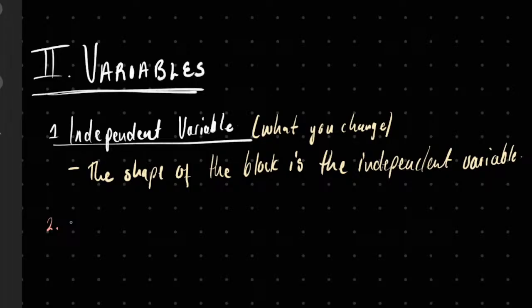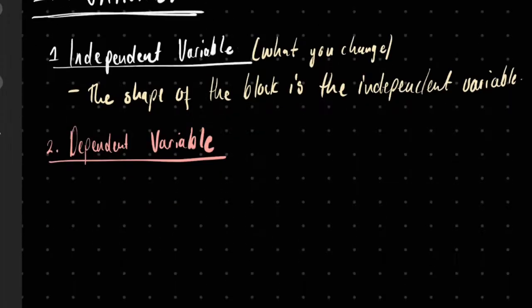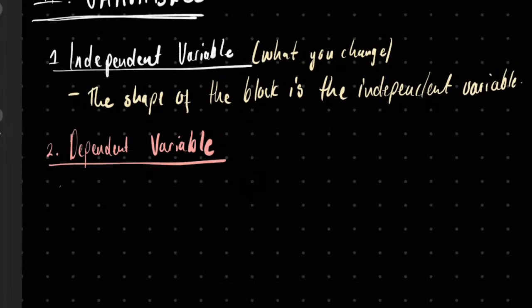Number two, the dependent variable. Students, come on. Rise, rise, rise. You can do this. What is going to be affected? What you measure.